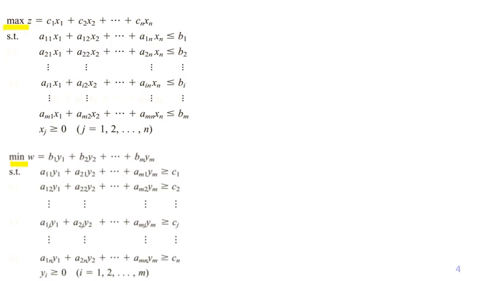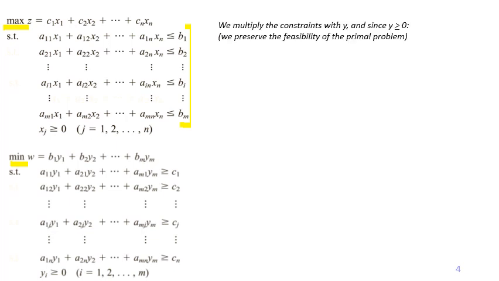If we have a feasible solution x in the primal problem, it means that the solution x1 up to xn satisfies all the constraints, right? We start by multiplying the constraints with yi: the first constraint with y1, the second constraint with y2, up to the mth constraint with ym.